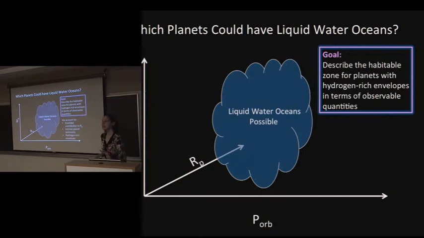And again, just to highlight some of the differences in what I'm doing compared to the classical view of the habitable zone, is that I'm considering hydrogen-rich envelopes, using interior structure models to calculate the contribution of the planet envelope to the planet radius, and also taking into account a richer potential array of planet energy metrics.